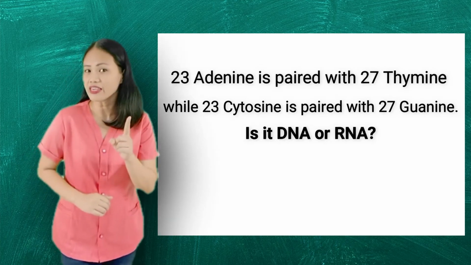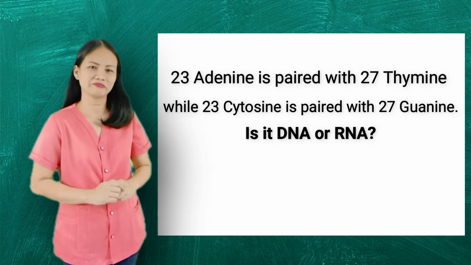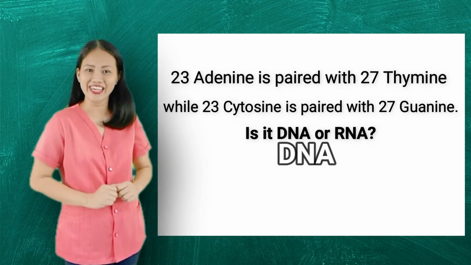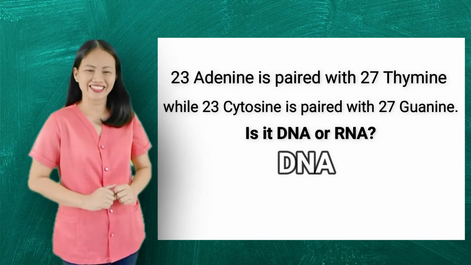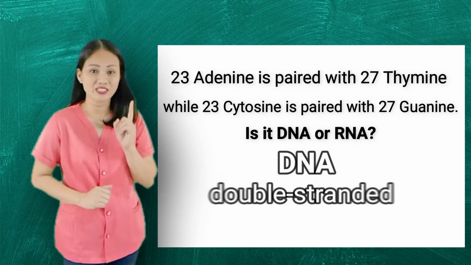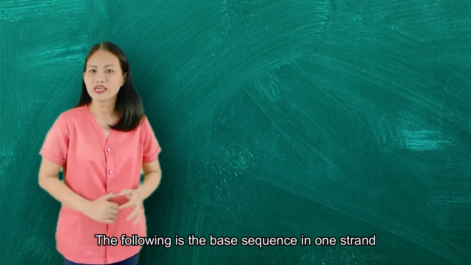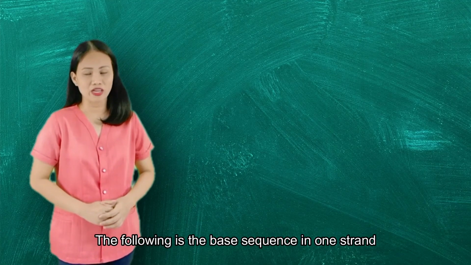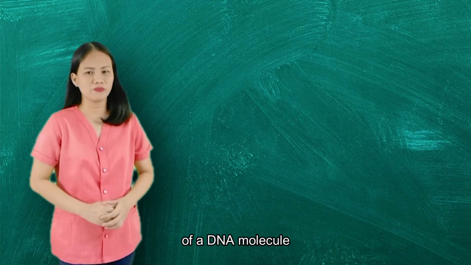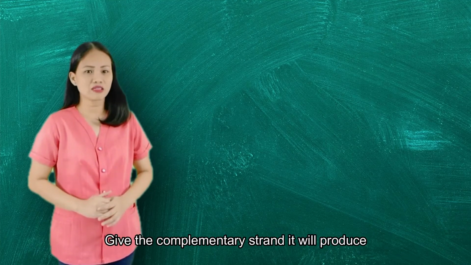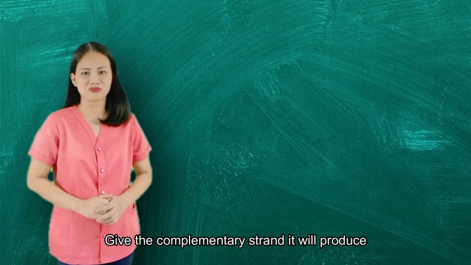Is it DNA or RNA? If your answer is DNA, you are correct. And it is double-stranded. The following is a base sequence in one strand of a DNA molecule. Give the complementary strand it will produce.